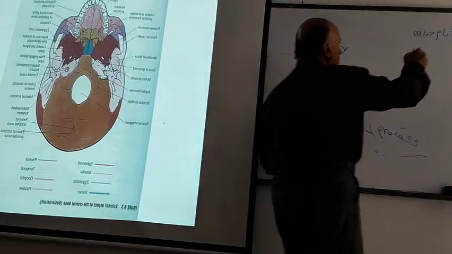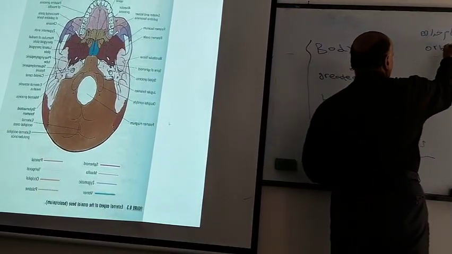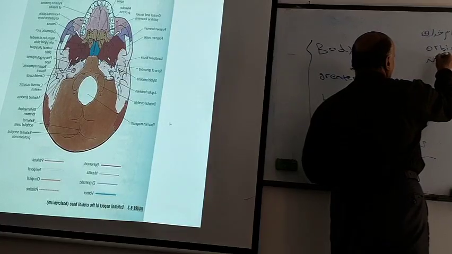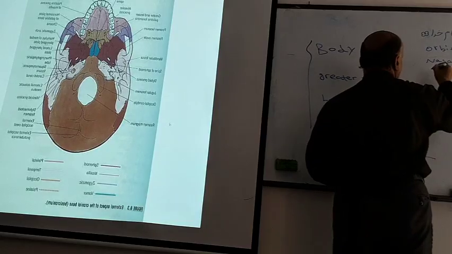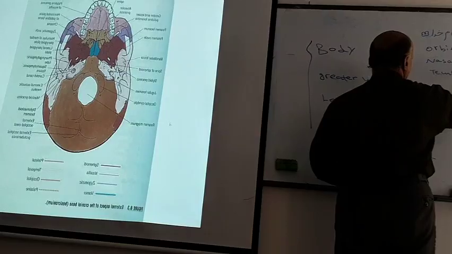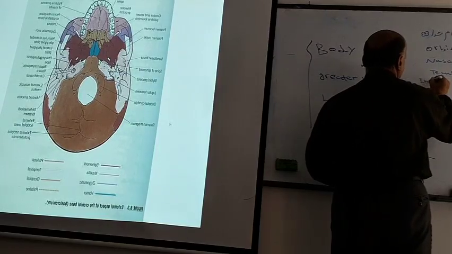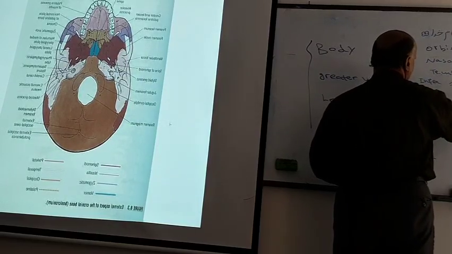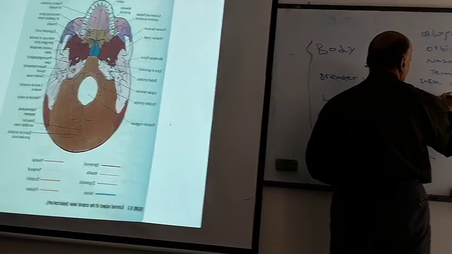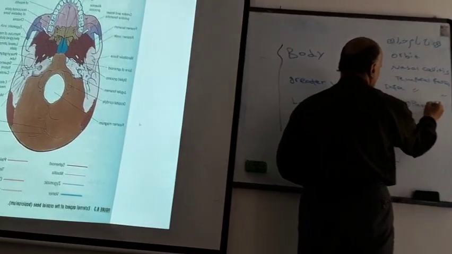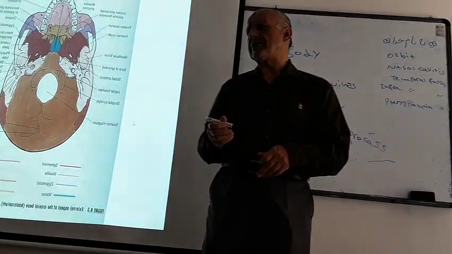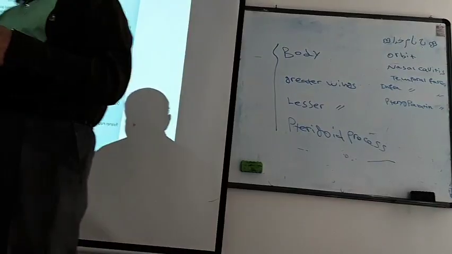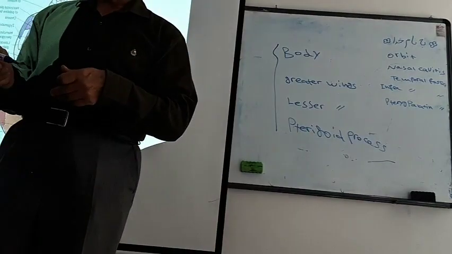They are the orbit, nasal cavities, temporal fossa, infratemporal fossa, pterygopalatine fossa, and I told you it is in the 3 cranial fossae: anterior, middle and posterior cranial fossa.